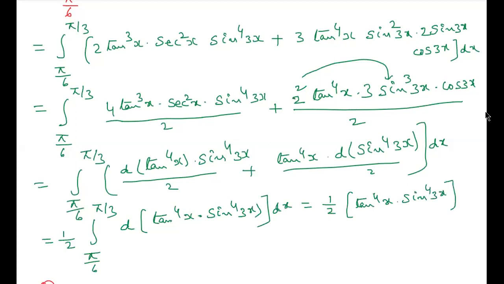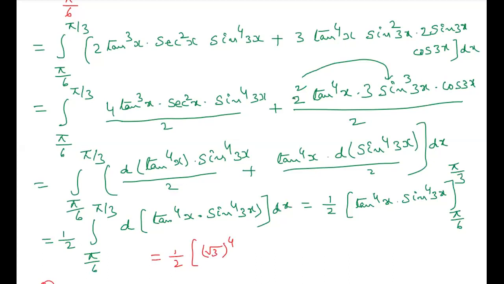What is the limit? 5π/6 to 5π/3. Now substitute the values. First substitute the upper limit: tan 60° is root 3, so we get root 3 to the power 4.